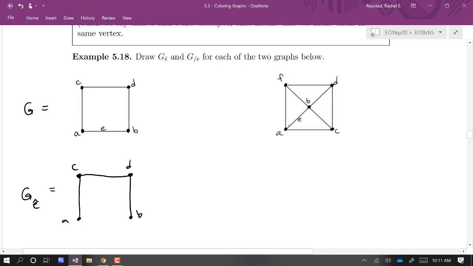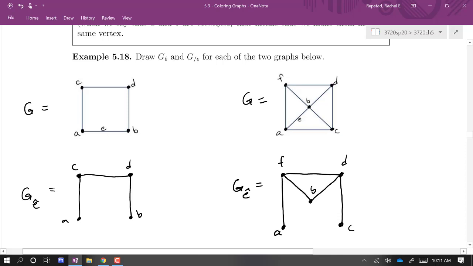Over here, if this is the graph G, then G sub E hat has all the same vertices and almost all the same edges except for that one. Okay, so that's G sub E hat.